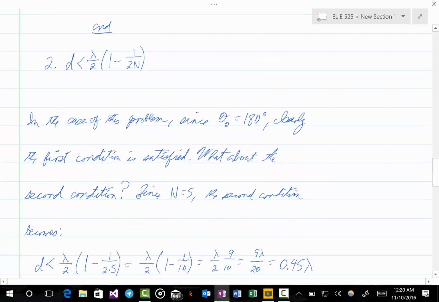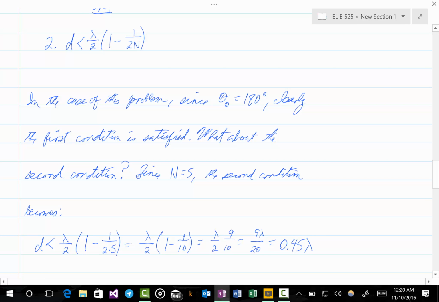Well, if we recall that in this case we have n equals 5 elements, it's a 5-element array, then condition 2 becomes d is less than, and again it could be less than or equal to, that's fine, lambda over 2 times 1 minus 1 over 2 times 5.